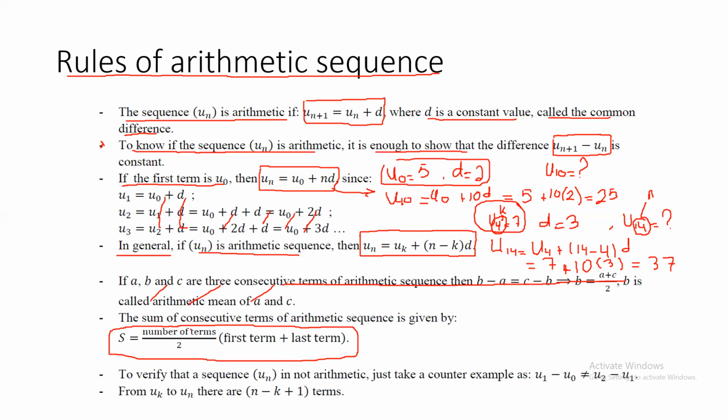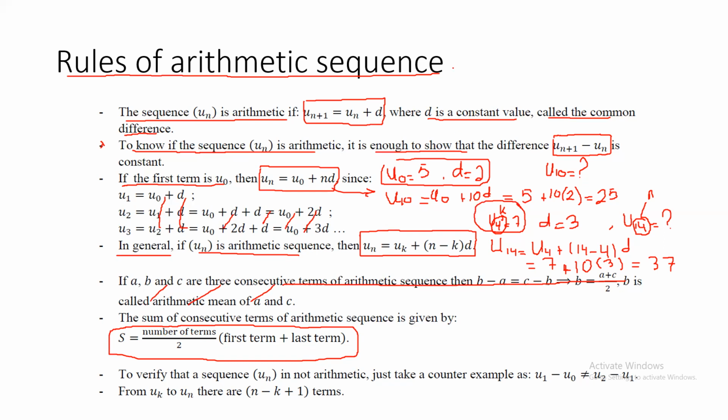Sum of terms equals number of terms over 2 into first term plus last term. If I need to calculate the sum, it is number of terms over 2 into first term plus last term.